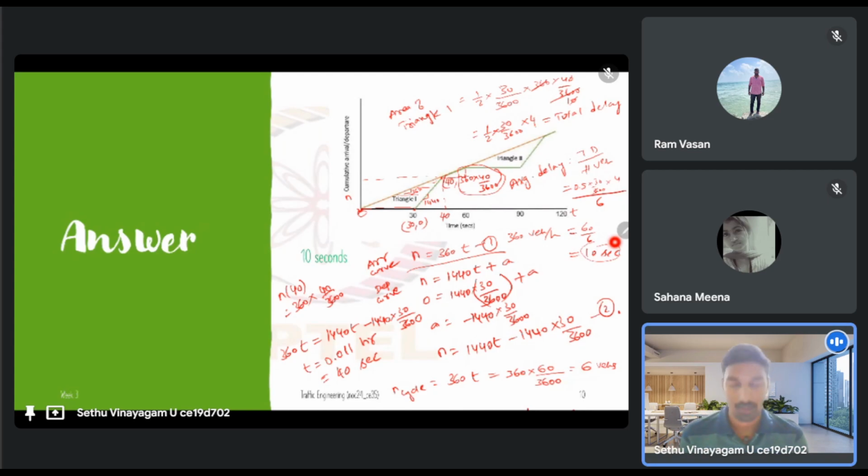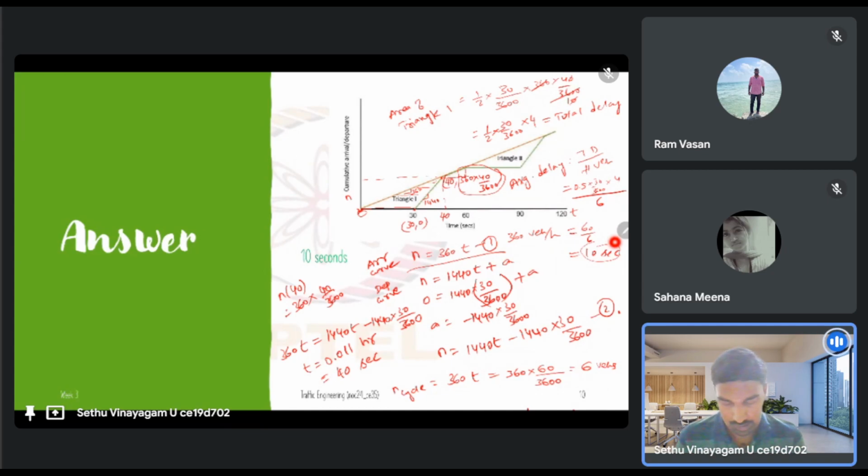Right, so the thing that you need to remember is, whenever you want to calculate delay, draw the arrival curve, draw the departure curve. Then the area between the arrival and the departure curve will give you the total delay. Then find the total number of vehicles that have used this facility in the given period for the average delay.